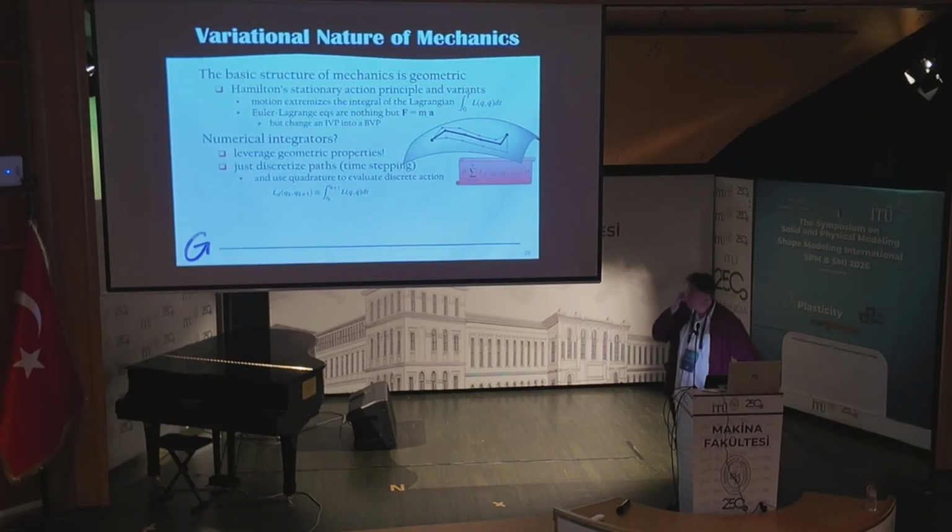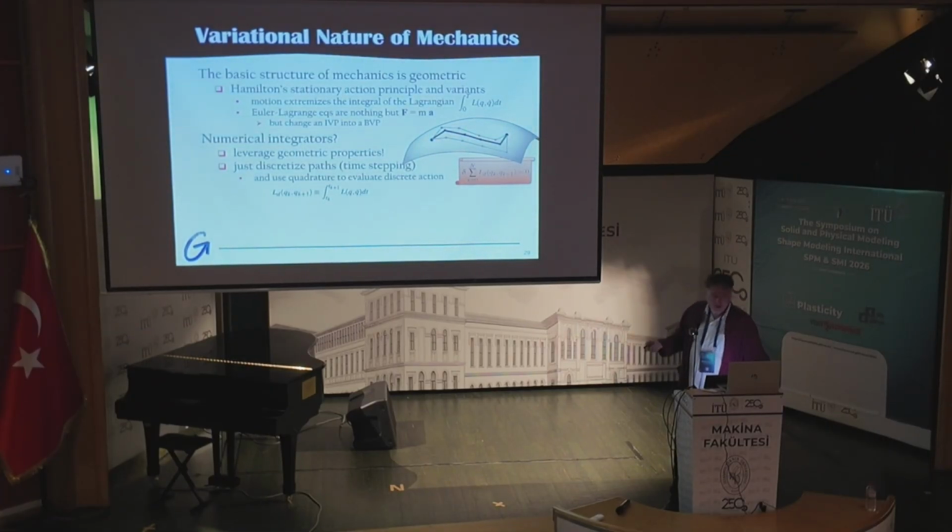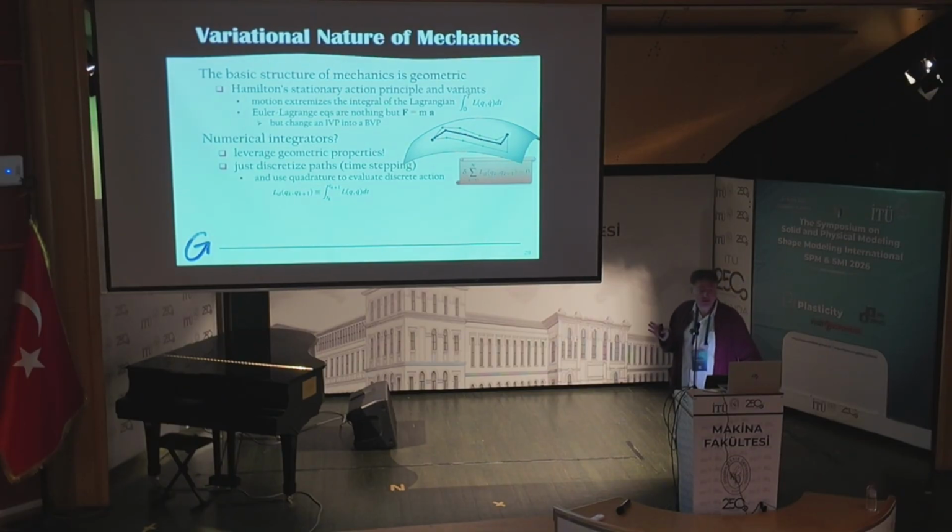And now you realize something very simple and nice. If this point is qk, when I move qk on the configuration manifold, the whole path does not really change. The only things that change are the path between qk minus 1 and qk, and between qk and qk plus 1. That's the only two things that change if you move just qk.